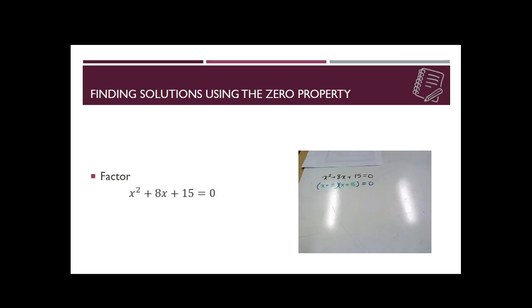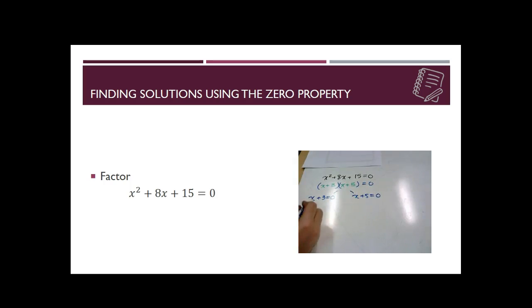Now I can go in and use my zero property properly, and I know that if these two are multiplied and they give me 0 as an answer, then one of the two or both have to be 0. So I can make a nice split: x plus 3 equals 0, and x plus 5 equals 0.